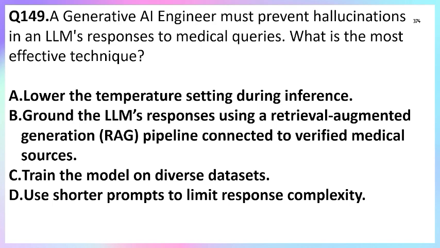Option C, train the model on a diverse dataset, will also confuse it. Option D, shorter prompts to limit the response complexity, will limit the user, but will not have an impact. So the correct answer is option B, ground the LLM response using a RAG pipeline connected to verified medical sources. If the sources are verified, then surely your answer will be accurate.